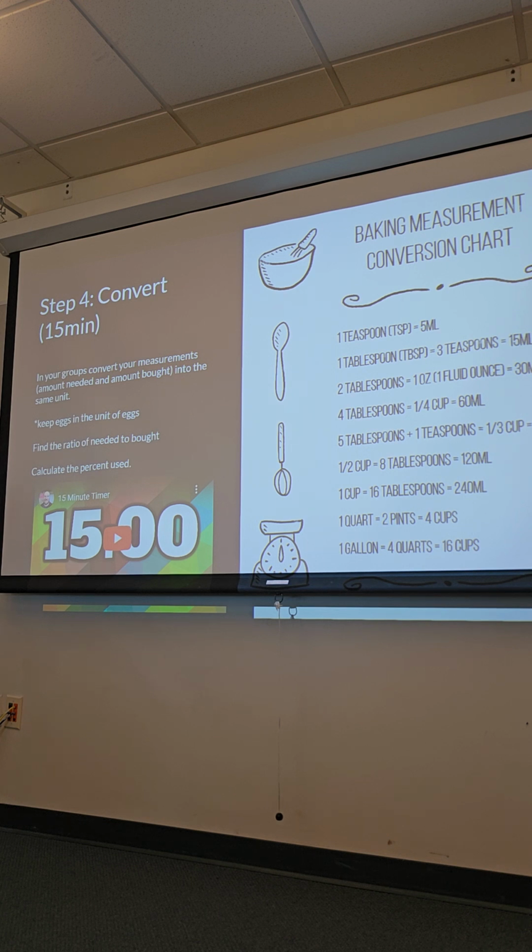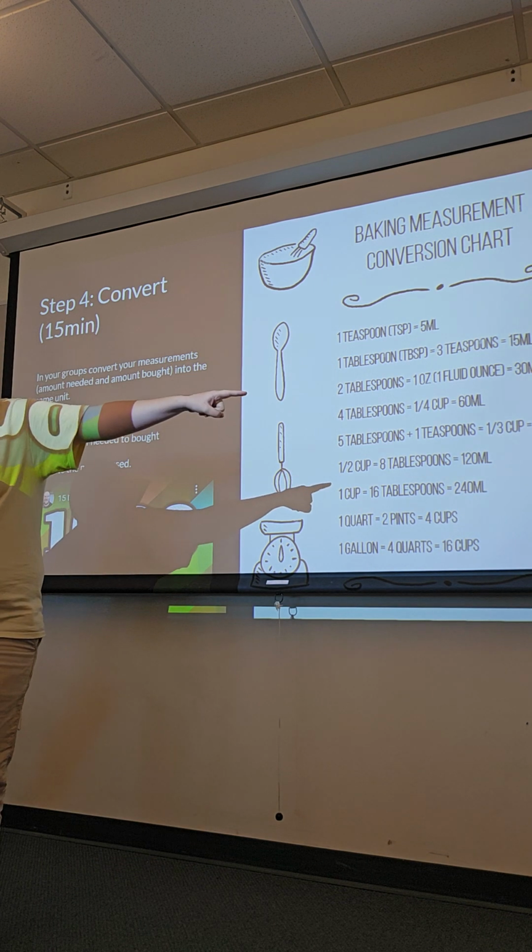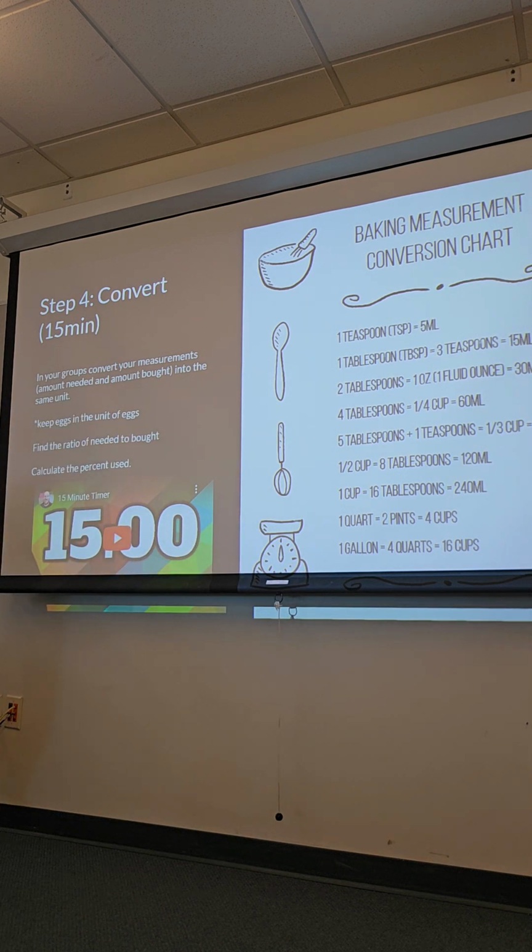If you need 2 cups of flour, but the bag you bought is in grams, you need to convert the cups into grams or the grams into cups. Make sense? And then you are going to find the ratio. The ratio is a vocab term we would have learned, the fraction that we are using, like 16:1 or 5 to 545. You're gonna find that ratio and calculate the percentage used.